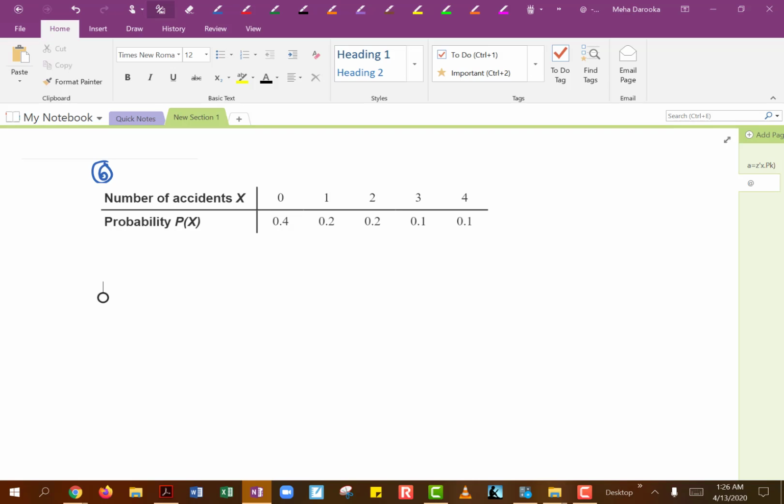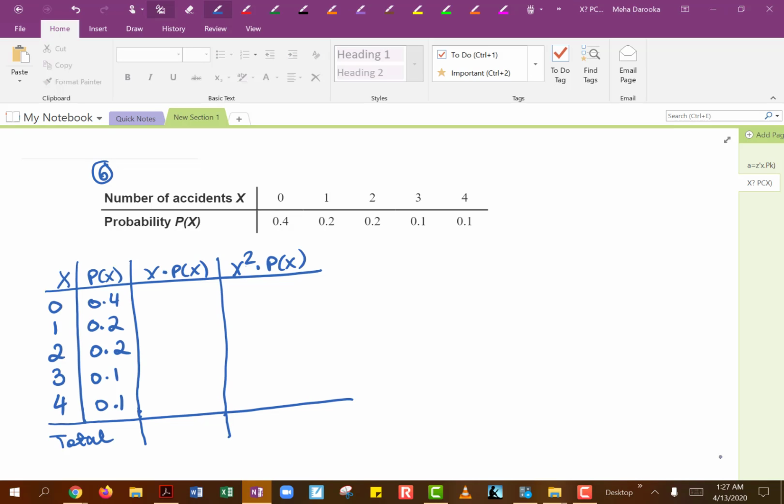Putting it in our table format, we calculate x times p of x. 0 times 0.4, and 0 times anything is 0. 1 times 0.2 is 0.2, and 2 times 0.2 gives you 0.4, then 0.3, and 0.4 over here.